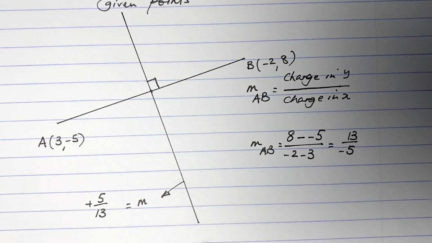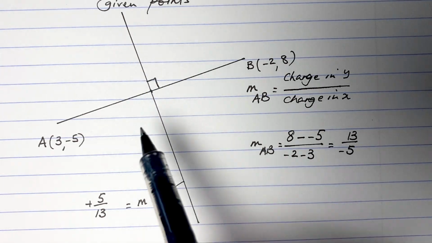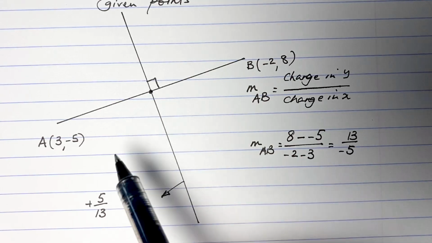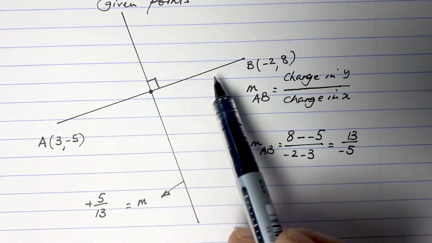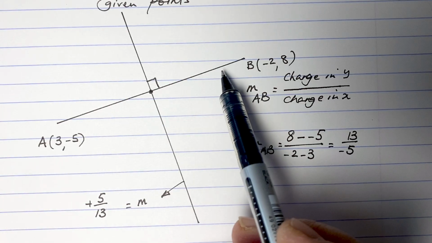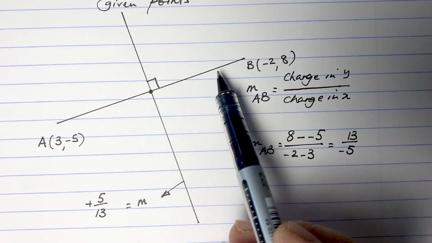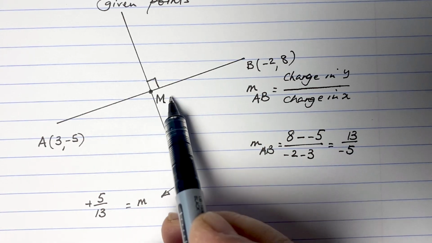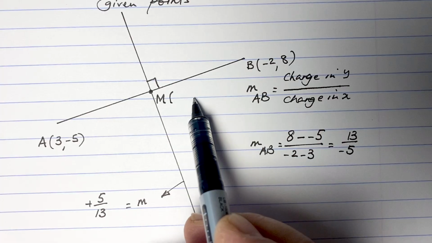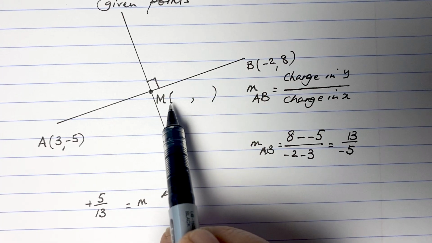The question is, I need to know a point that the line goes through, and that would be this point here. That is the midpoint of line AB, the line joining A to B. For the midpoint, I'll call it M for midpoint, we need to calculate both the x and y coordinates of this point.